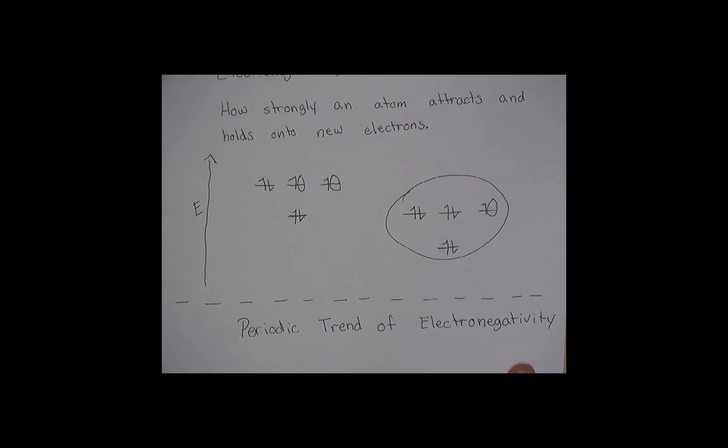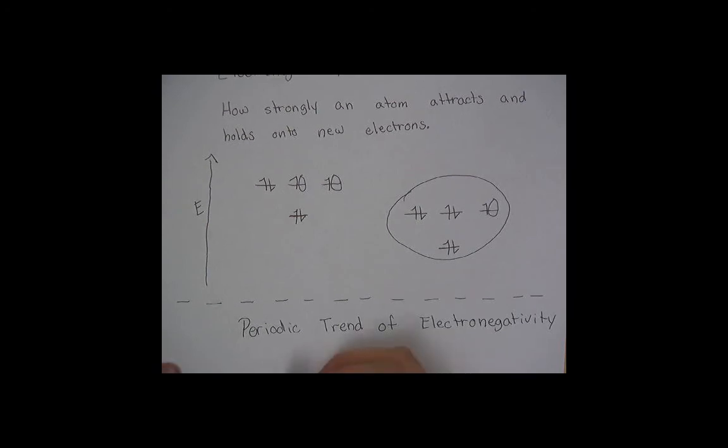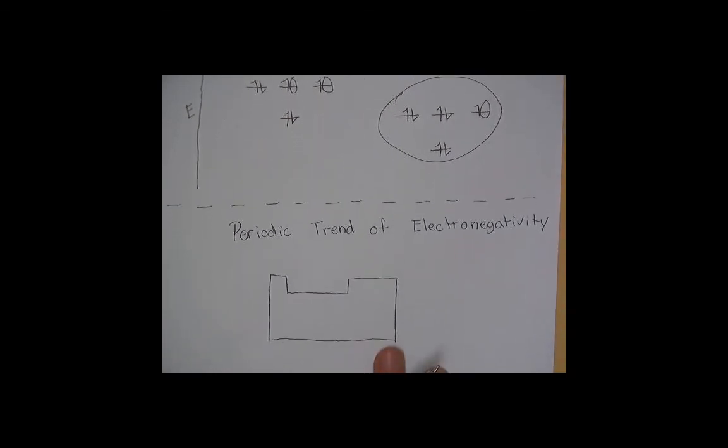Periodic trend of electronegativity. So I'm going to sketch a small periodic table. All right, so this is a pretty rough sketch of the periodic table.